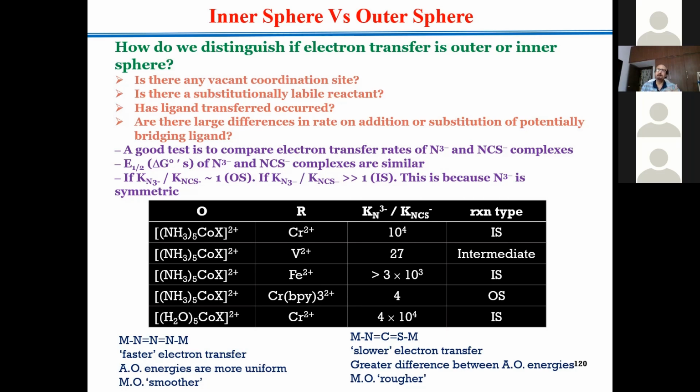And what are the complexities one might face in defining the electron transfer mechanism, and how does one address the complications and the delicacy between the two mechanisms? That was our target. So we have summarized this over here. You see whether there is any vacant coordination site at all or not.